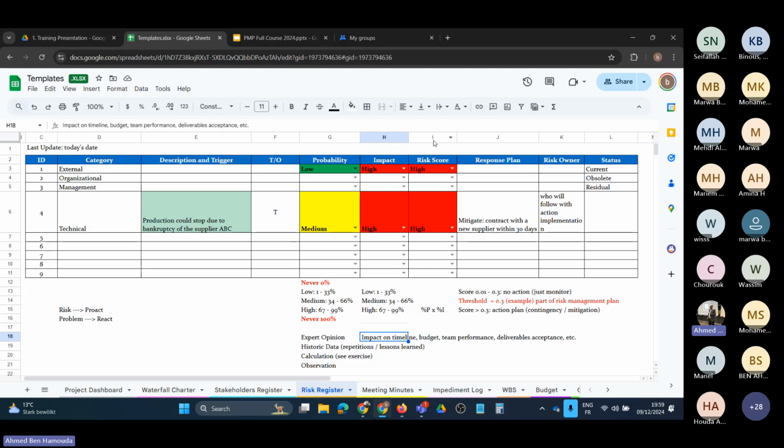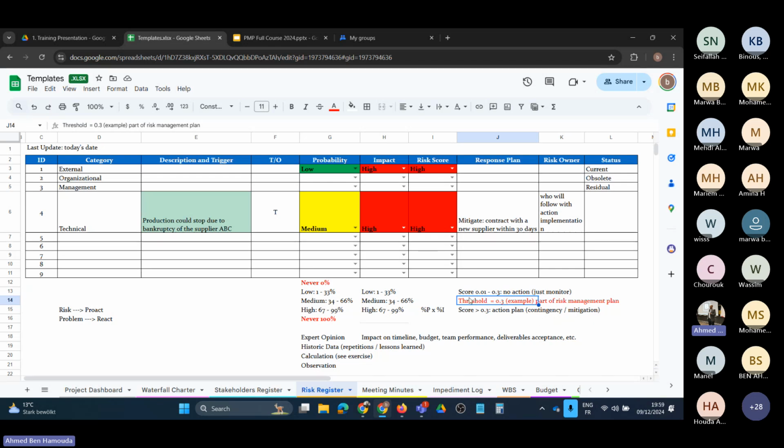Because also we came up with an effective way called the risk score, which is percentage of probability times percentage of impact, and then we check the score. We have put here as an example a threshold of 0.3. This is just an example, which is included in the risk management plan, and therefore, in case a risk score is higher than the threshold, then definitely we need to take an action, put a mitigation plan or a contingency plan.